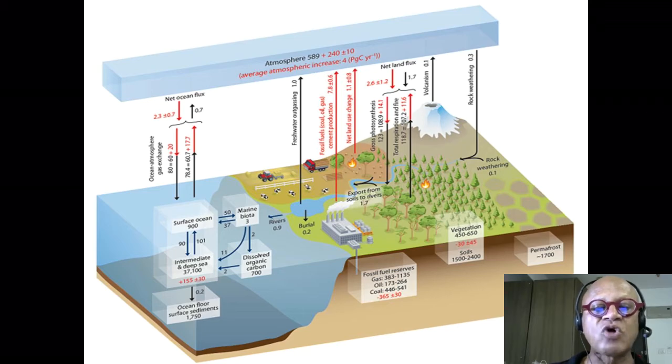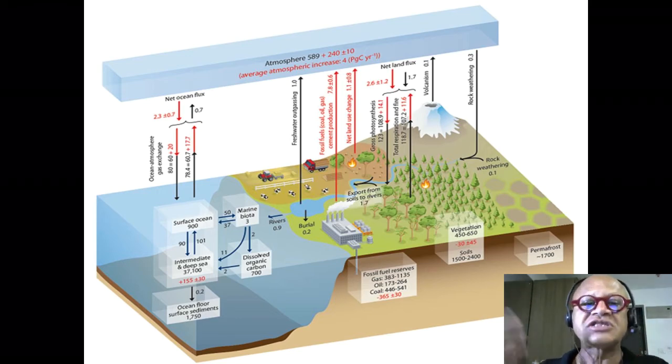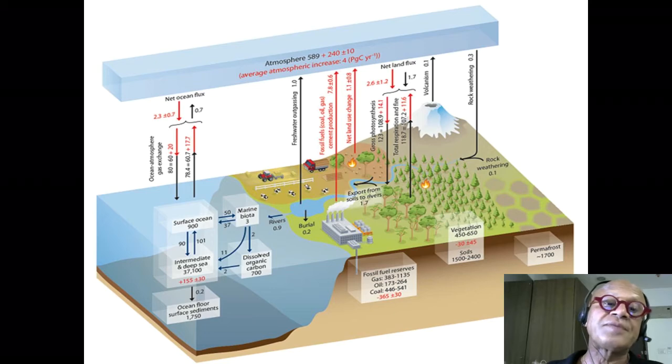The surface ocean is much smaller, and there is a downward flux of 90 petagrams, upward flux of 101 petagrams, and the atmosphere and ocean are exchanging about 80 and 74. So photosynthesis, exchanges, etc. is taking up about 80, and the ocean is belching out globally on average about 78.4.